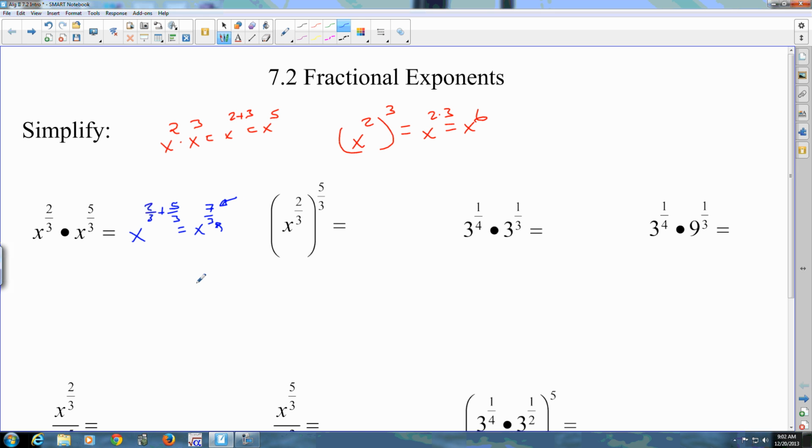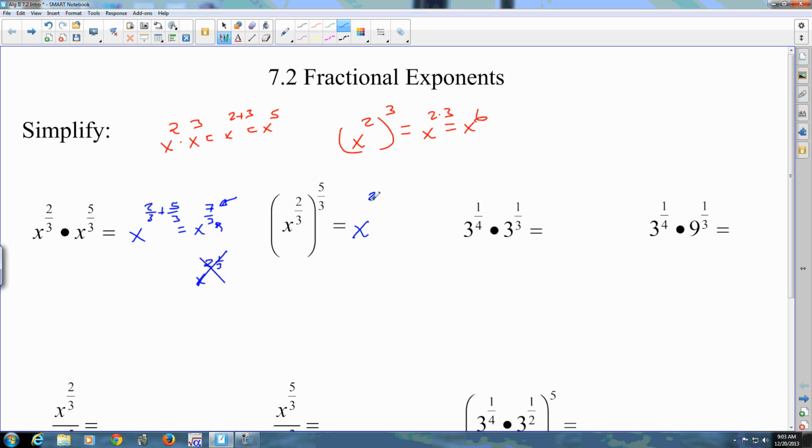If I wrote that as x to the 2 1/3, is it technically wrong? I guess I would say no, but you can see the root because it would be a cube root, but you can't see the power. So I would advise you not to write your exponents mixed, that you write them as improper fractions if they are indeed improper.